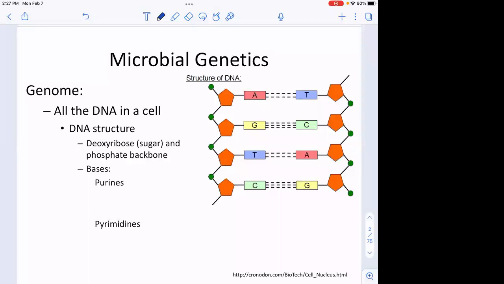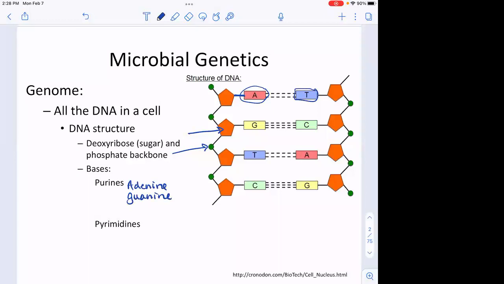Okay, so structure of DNA. This shouldn't be new. We've got deoxyribose. These are the pentose sugars in what we say is the backbone. Phosphates are in between those sugars, and there are nitrogen-rich bases that are bonded to that sugar. And of course bonded to their complementary base pair on the other strand. So double-stranded DNA. The adenine and the guanine are considered purines.